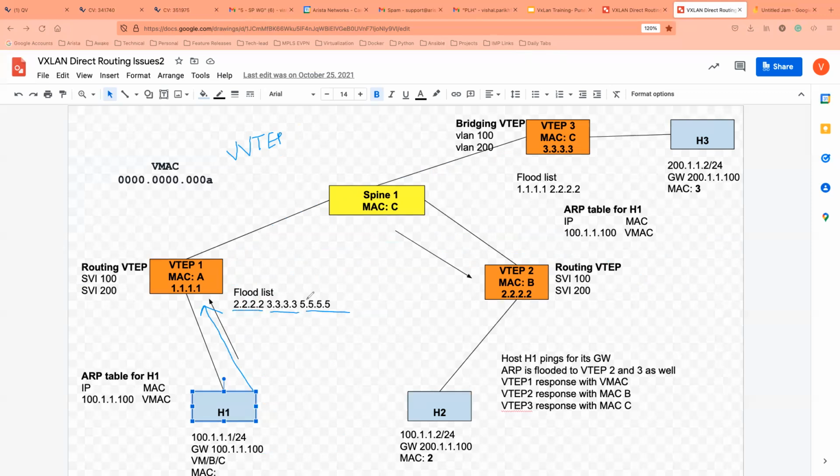We also have to add 5555 to the flood list, which is the virtual VTEP IP. So now H1 has sent out the ARP request. Obviously this guy will reply back. Now this will also flood the traffic to all the VTEPs. So it will send out the ARP request to 222. It will send out to 333. Will it send to 555?